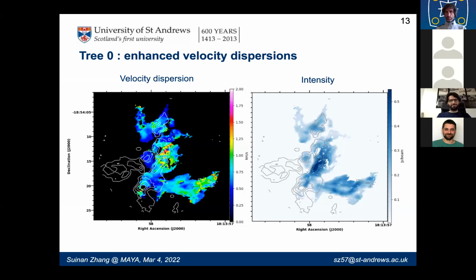This feature indicates enhanced turbulence, which is probably caused by the interaction between the infalling gas and the dense structures. If so, this feature could also work as another piece of evidence of the accretion flows.